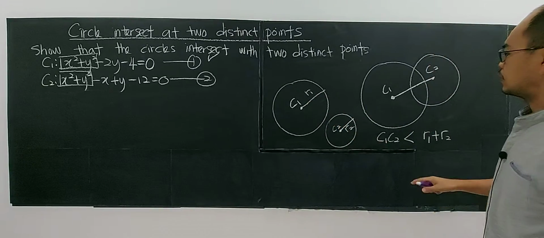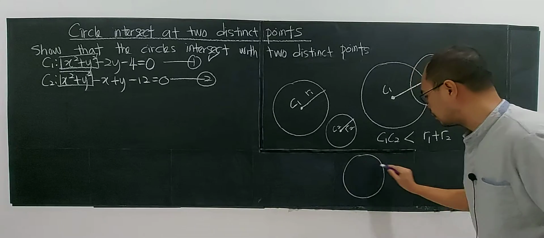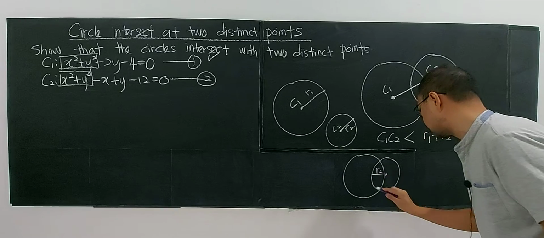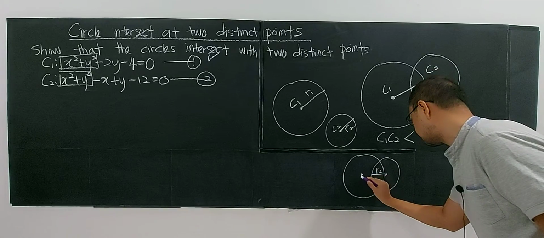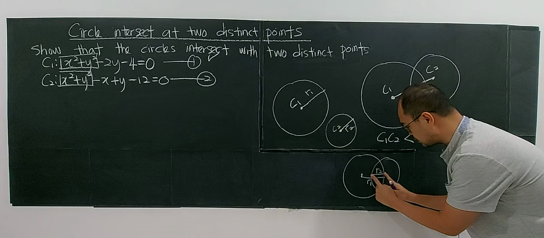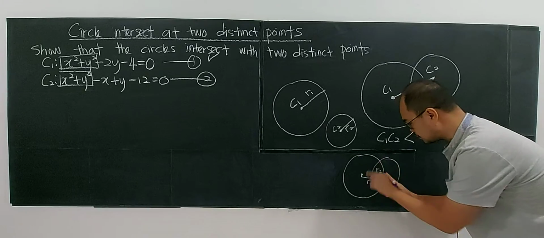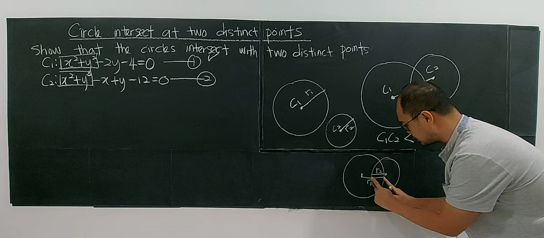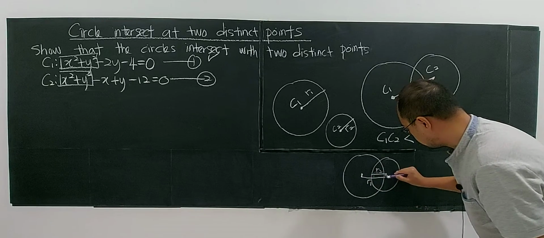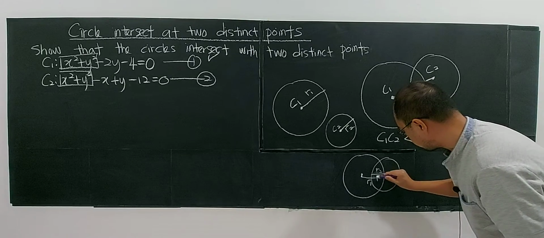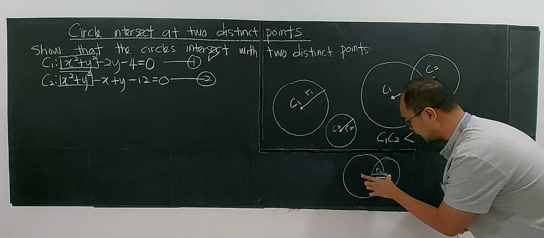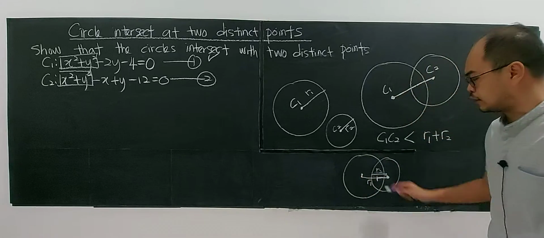Try to imagine that. When these two circles are overlapping, part of the radius of the second circle falls on the line of the radius of the first circle.